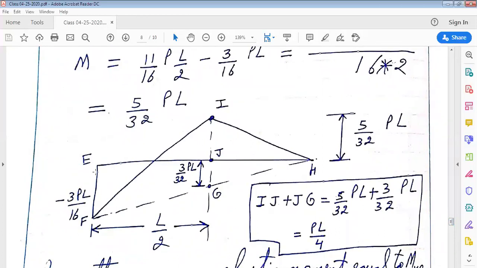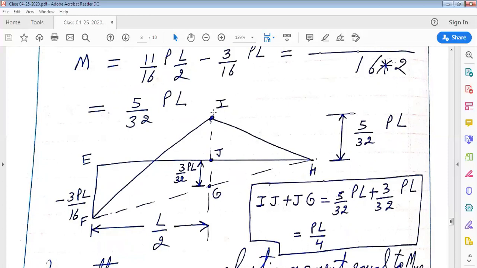So at left end, we have drawn a vertical line minus 3PL by 16. At the center, we have drawn point I, which is away from this horizontal line by 5PL by 32. So joining these points, joining point F and I and joining point I and H, we have the bending moment diagram.